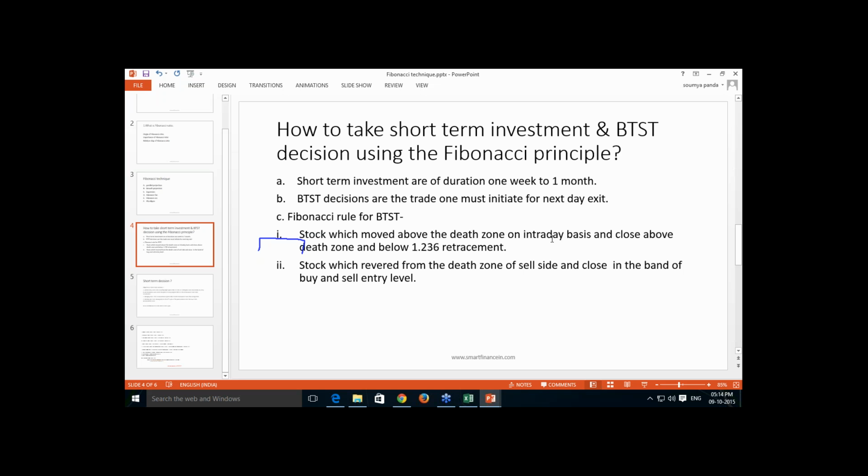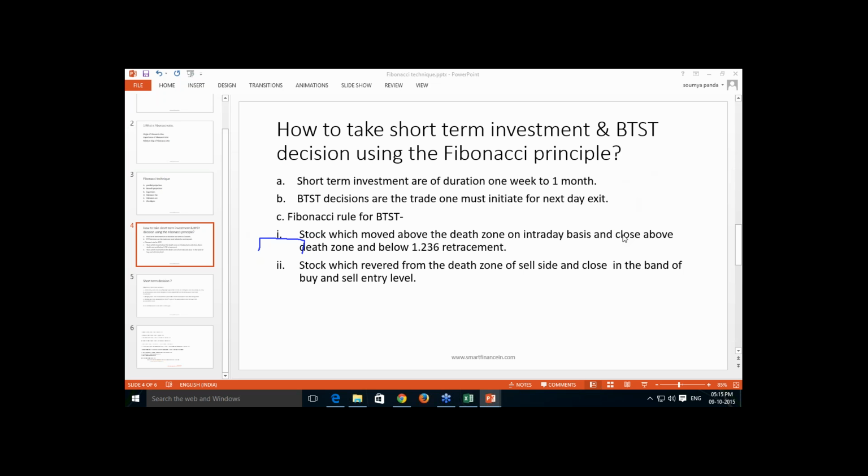This condition should be satisfied, or the stock will be in a rising trend and it will go to the death zone of the rising trend, and from there it should reverse and close in the buy and sell entry level. That time also you can think of selling it. So if you are analyzing either of these conditions, then you can enter a BTST or STPT trade.